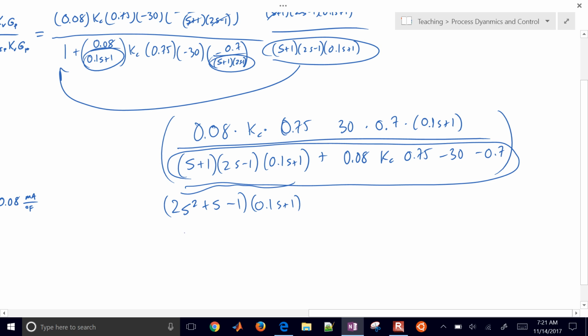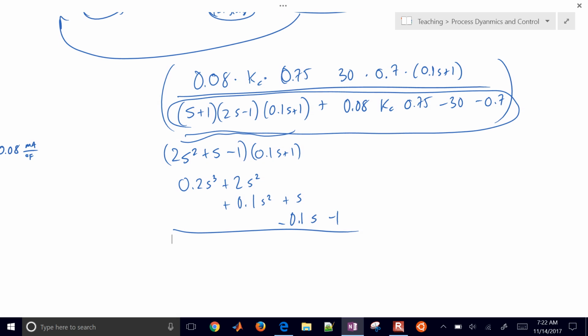Okay, and that'll give me 0.2 s cubed plus 2s squared plus 0.1 s squared plus s, and then minus 0.1 s minus 1. If I add up all of those, I'll have 0.2 s cubed plus 2.1 s squared plus 0.9 s minus 1.